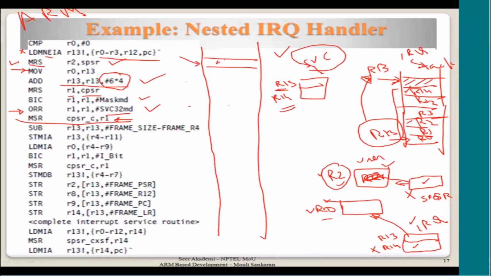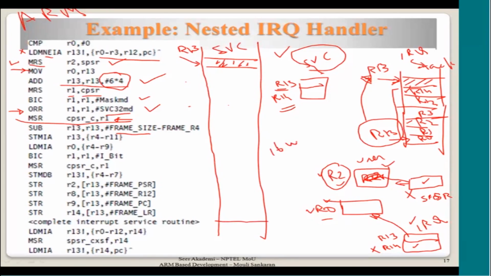Assume the SVC supervisor mode's own R13 is also pointing at a full location. Something is there; I am not bothered about that. From that place onwards, to the frame size, take it from me, this is 12 words. In total we need space for 16 words, and 16 words means 16 times 4 bytes.